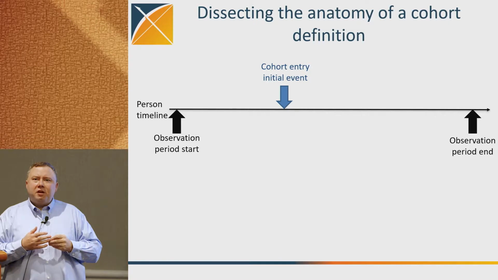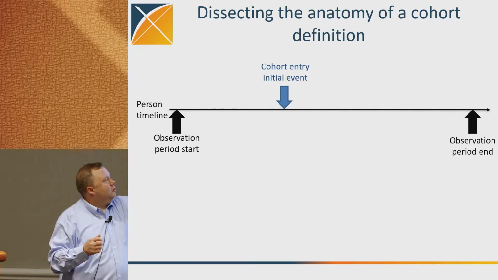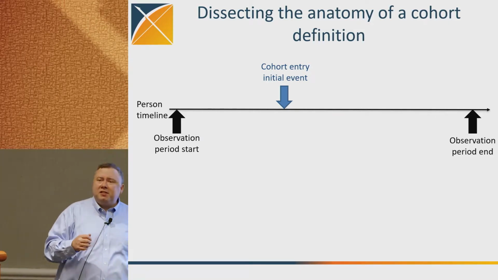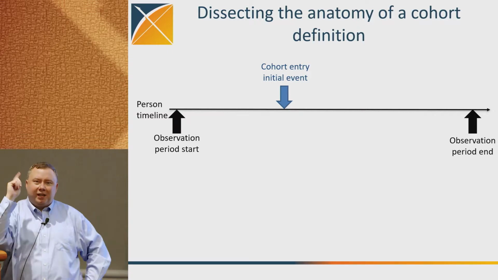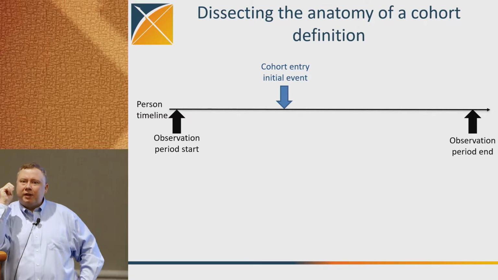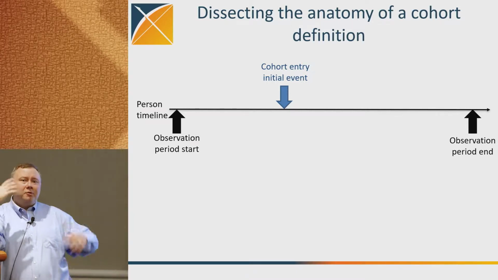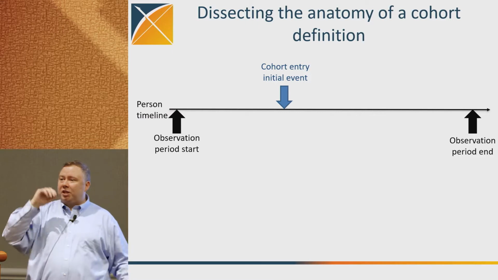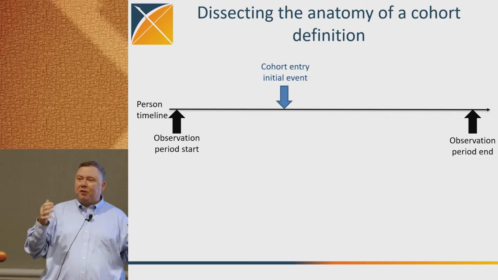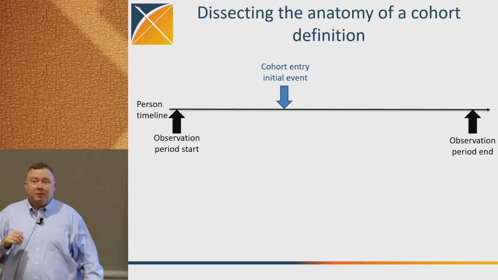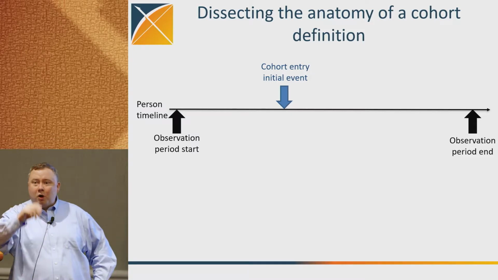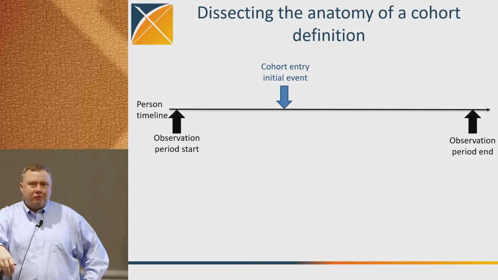The first is not just to scan through those moments in time literally every day, but instead to say, there's got to be some moment that we are calling an initial event, which defines how you enter a cohort. So if I'm defining my cohort as people who initiate dabigatran, it's probably the moment I first got my dabigatran. If I'm defining it as people who got ischemic stroke, it's probably the time that I first observed the ischemic stroke.